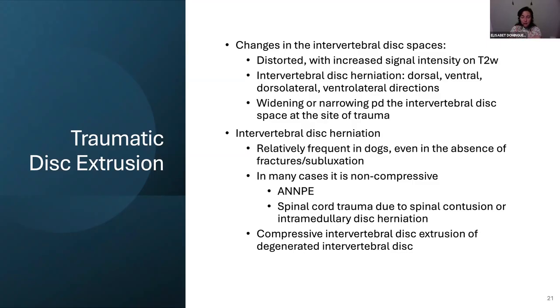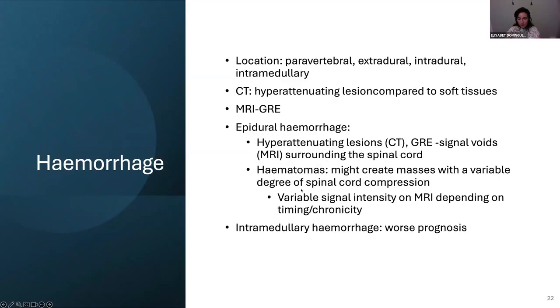But in some cases, also some discs that were degenerated before the trauma, when they suffer the trauma, they may become extruded, and that will be like a Hansen 1 disc herniation, but secondary to a traumatic event. So it's interesting to look at this.